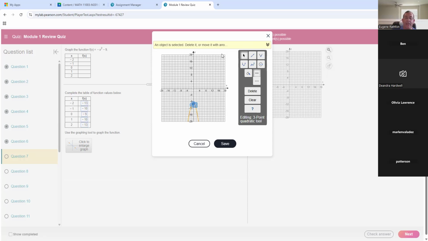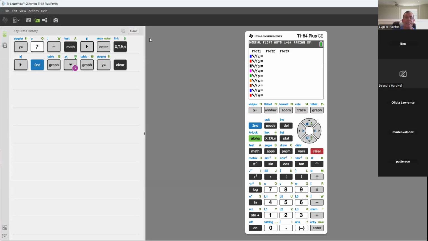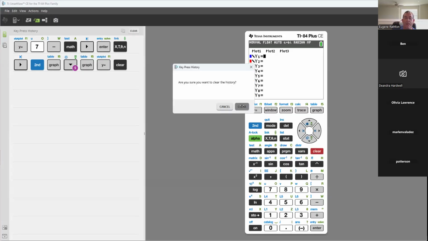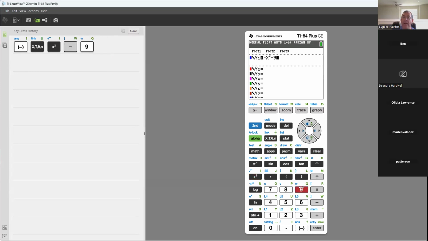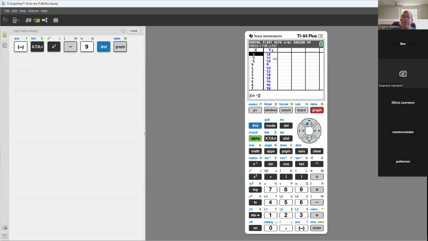Now on the calculator, that's the same thing. Go to y equals. I want to clear this off. I had negative x squared minus 9. So y'all, the table, second graph, go to the table. There's all your values. -2, -13, -1, -10, 0, -9, 1, -10, 2, -13.